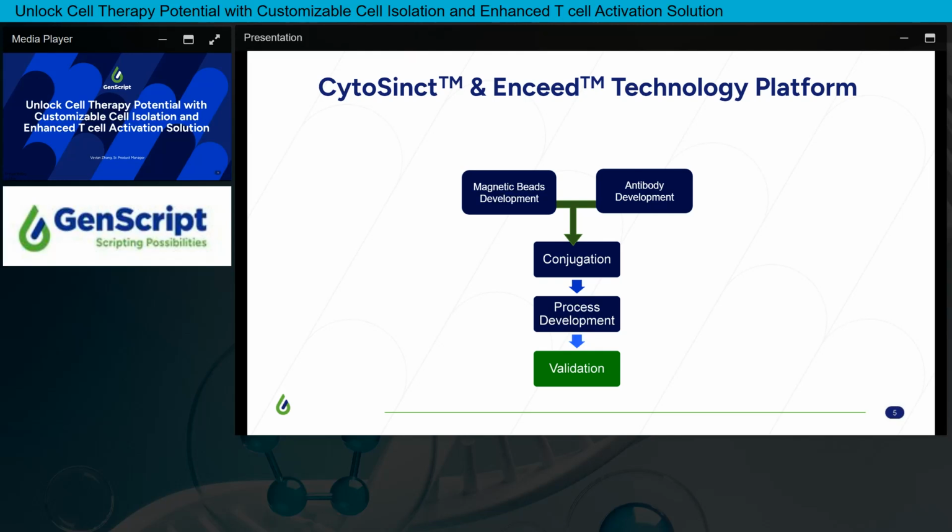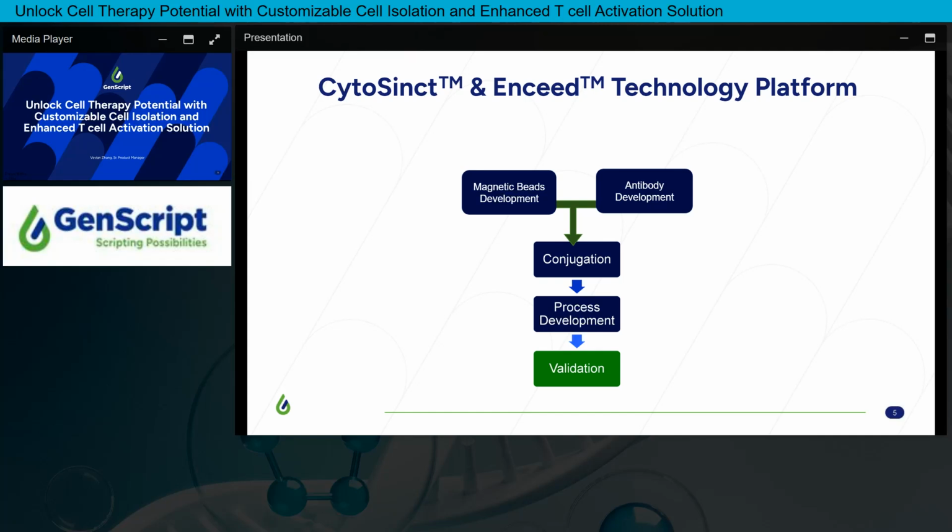Currently, we have more than 15 years of experience in developing magnetic bead products for bioprocessing. And we also have our own built-in GMP manufacturing facility that is compliant with global standards, and it is fully ISO 13485 compliant as well for all the cGMP grade raw materials.